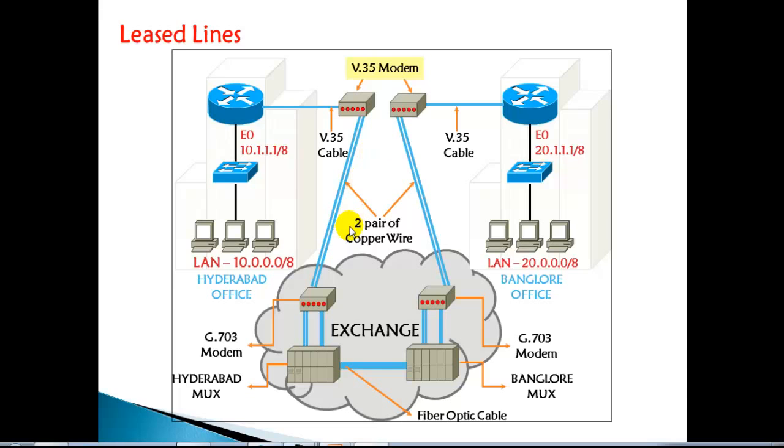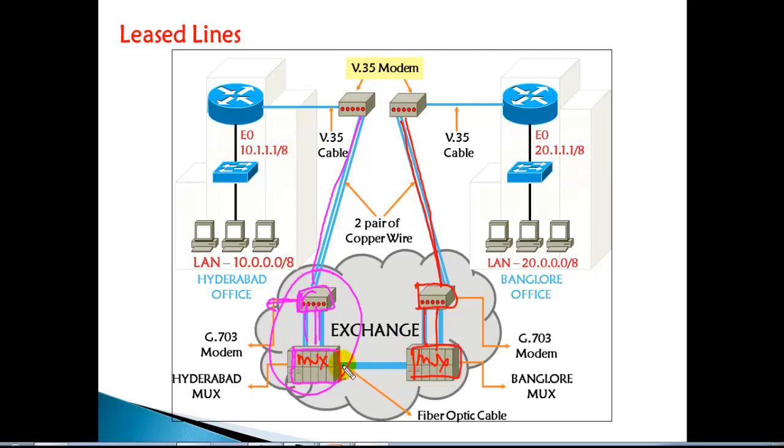Now what the service provider will do is, the service provider will have a 2-pair wire, mostly, which is going and connecting to the exchange office of the service provider, the nearest exchange. And there probably they use some G.703 modems, typically long distance modems we can say. And from there it's going to connect to a big device called MUX, a multiplexer. Same way, you've got a 2-pair wire coming from your router going to another modem over there, and then connecting to a big device called MUX.